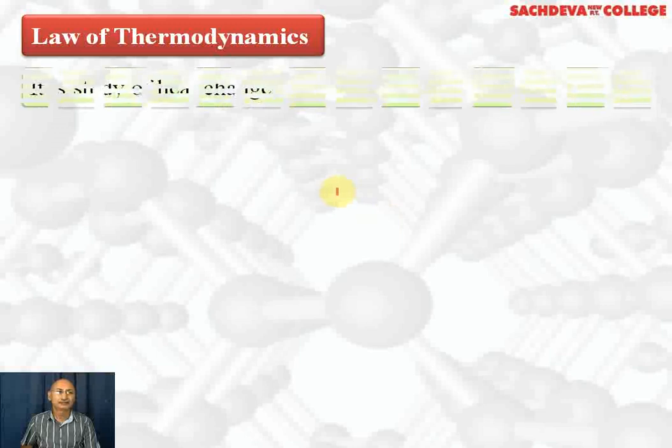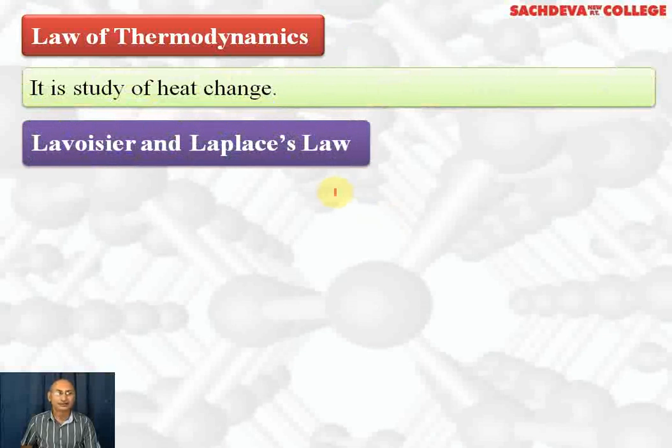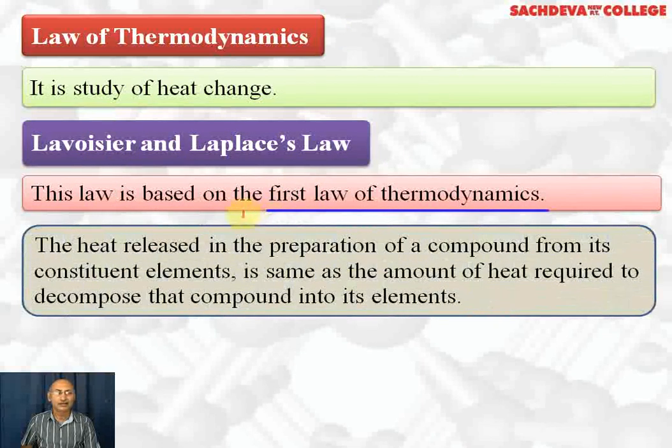Next, we are taking laws of thermodynamics. Laws of thermodynamics involve the study of heat change. First, we are taking the Lavoisier and Laplace law. This law is based on the first law of thermodynamics. The heat released in the preparation of a compound from its constituent elements is the same as the amount of heat required to decompose that compound into its elements.